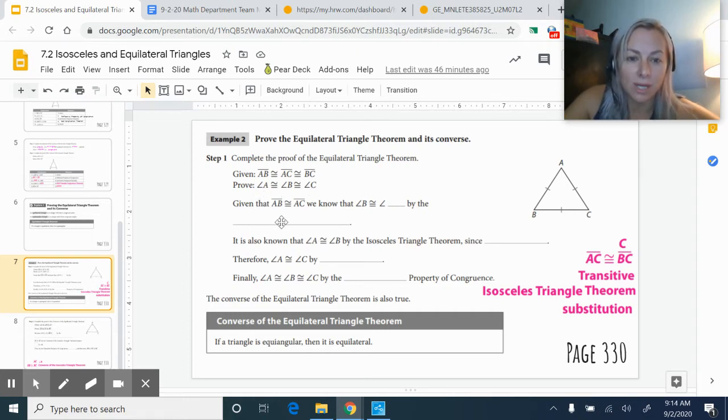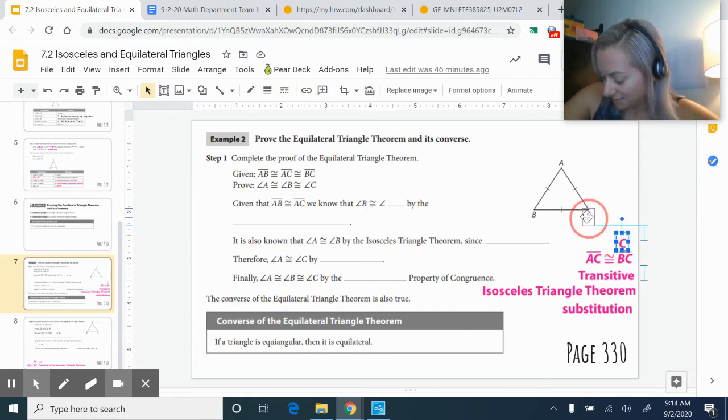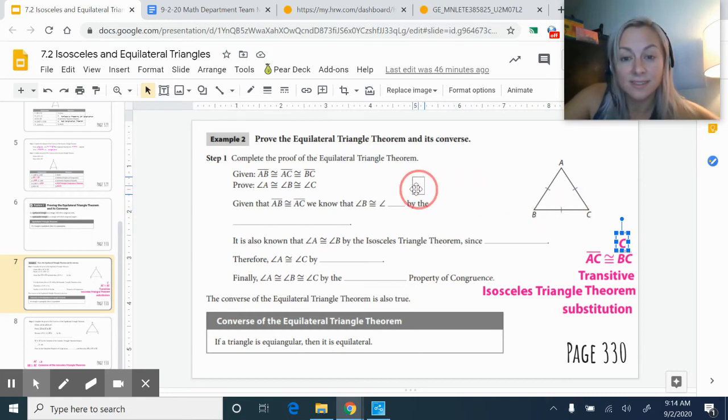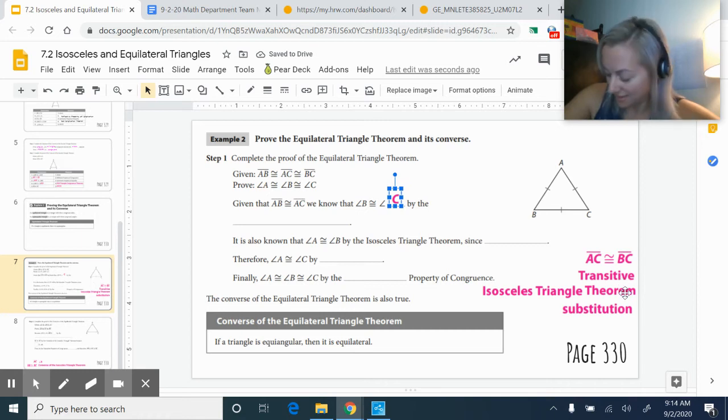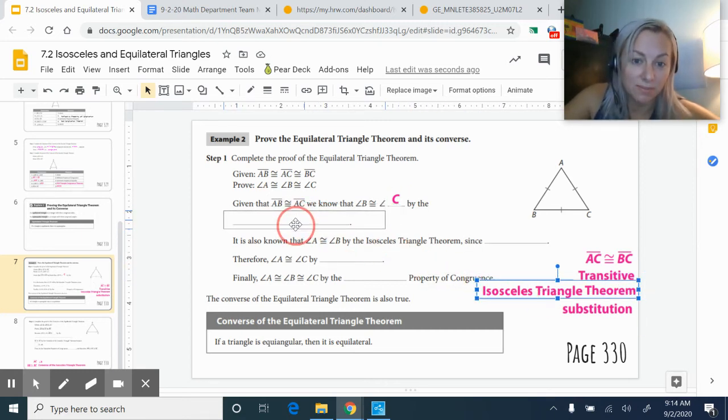So given that AB is congruent to AC, we know that the measure of angle B is congruent to the measure of angle C. And that's because of the isosceles triangle theorem.